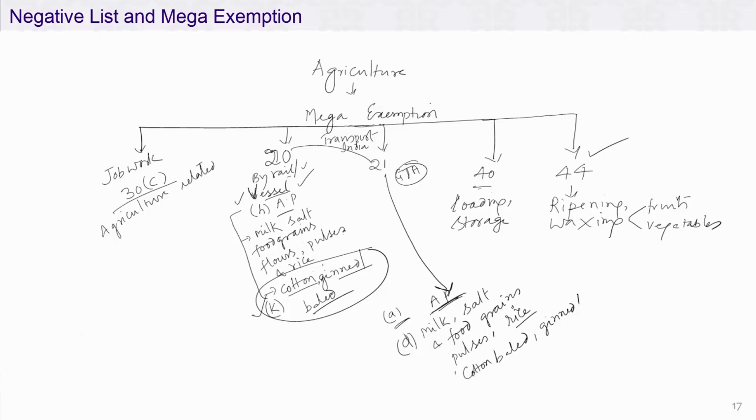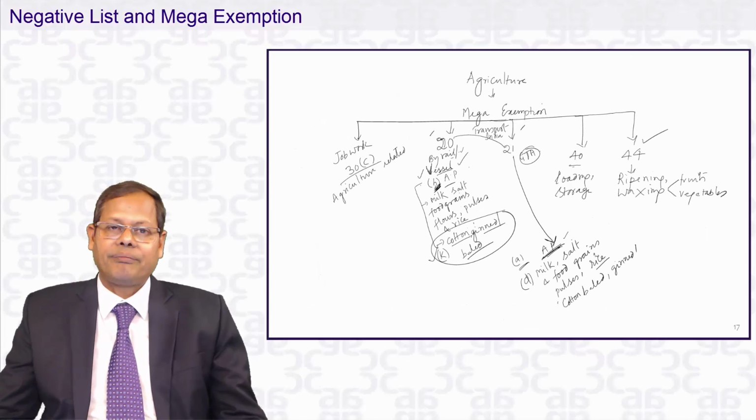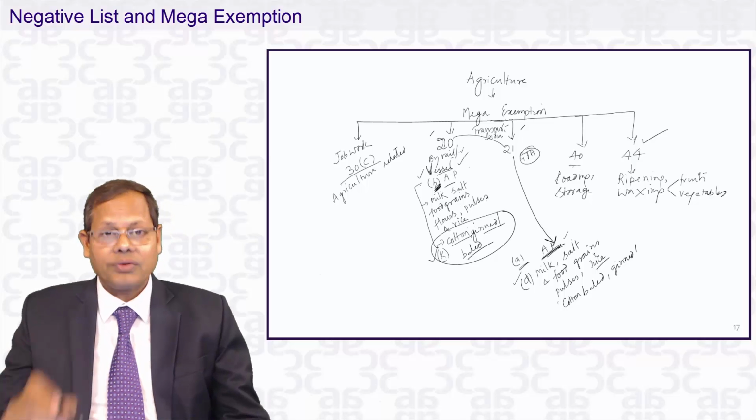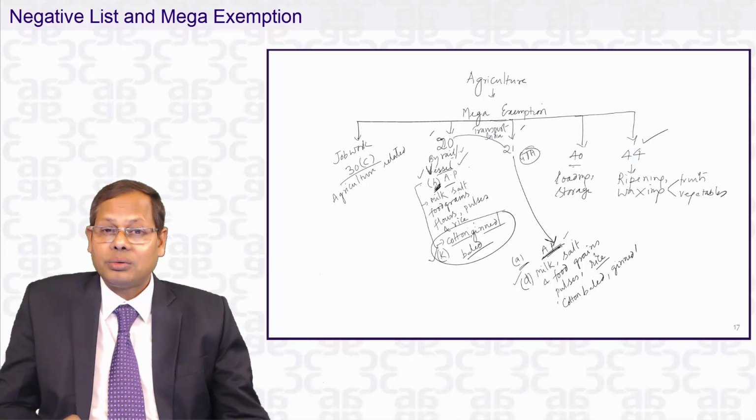So you find entry number 20 and 21 similar, but the only thing is they are under different clauses. Clause H, agricultural produce, here it is clause H. Clause A, agricultural produce, it is by rail or vessel, it is by GTA. So whether it is by GTA or rail, these things you have to remember. You have to learn properly.